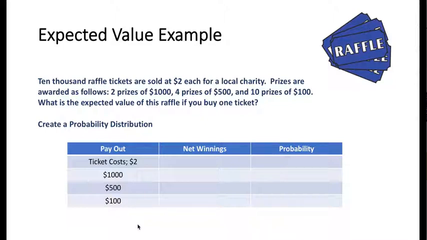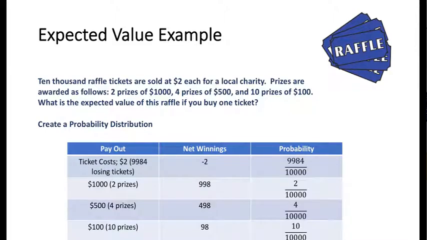Think about what the net winnings are, because don't forget you have to pay $2 for this ticket. So the net winnings are a negative $2. That's if you buy a ticket and you don't win. The net winnings are $998 if you happen to buy the ticket that wins you $1,000.